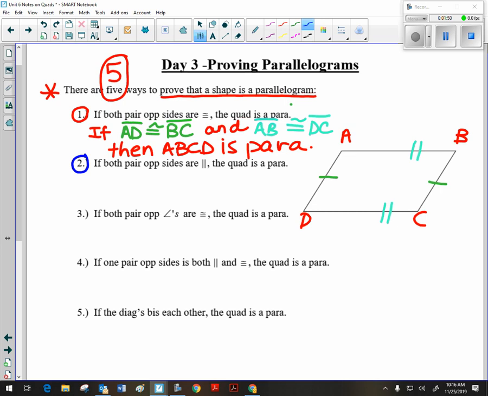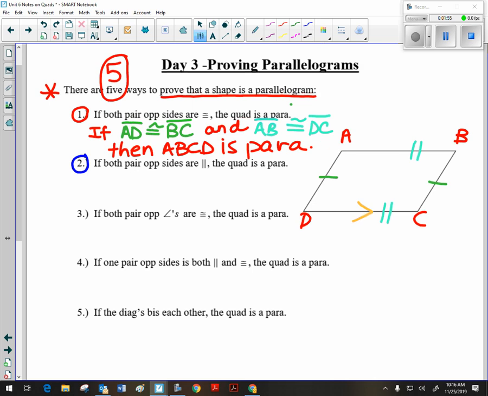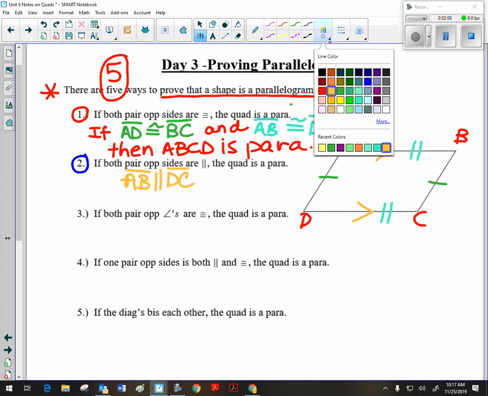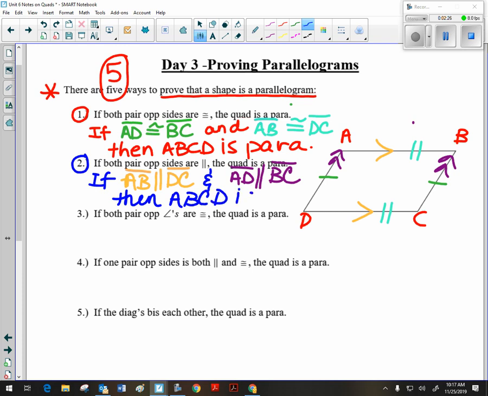So for us, if we have both pairs of opposite sides parallel, which means that those are parallel, and we also have this pair of opposite sides parallel, so AD is parallel to BC, then if those 2 things occur, we can say that ABCD is a parallelogram.